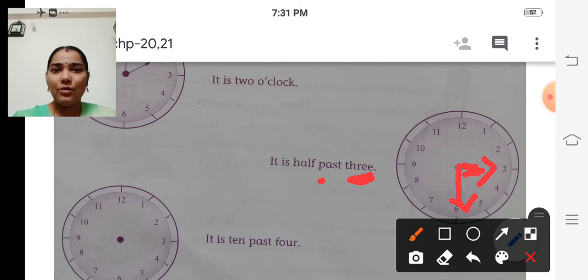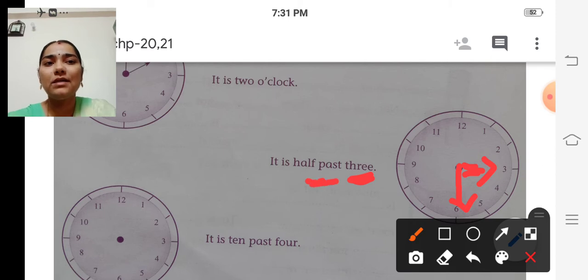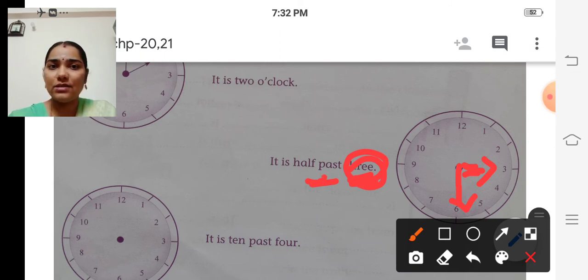Half past means 3, this is the same hour. To means it is the next hour, isn't it? So here half past they have given, so 3, the same hour. So this is the representation of 3:30.